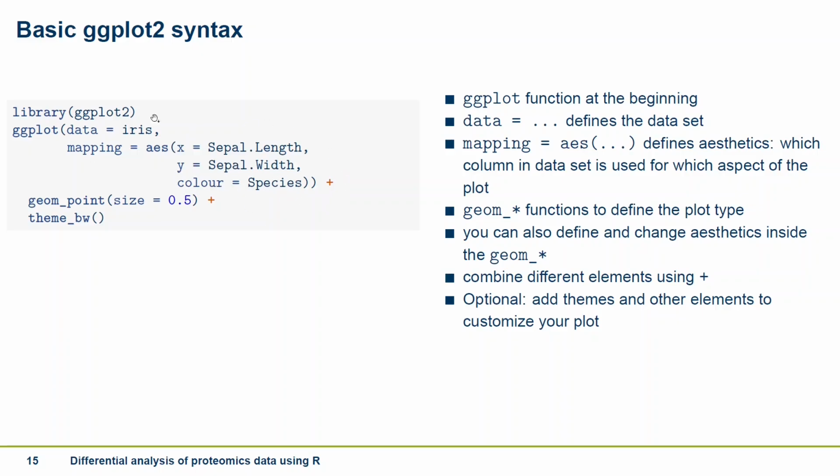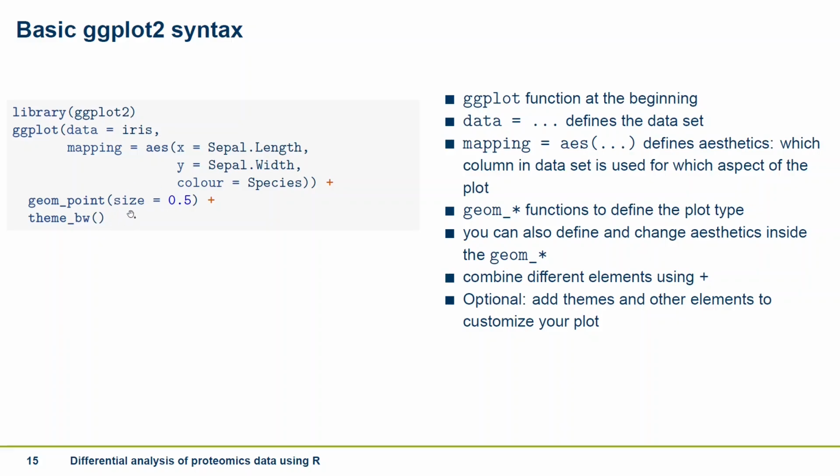And this basically defines which data you want to use and which column you want to use for what. After that, you define which plot type you want to do. For example, here we add this geom_point for a scatter plot. So there are different geom functions for different kinds of plot.